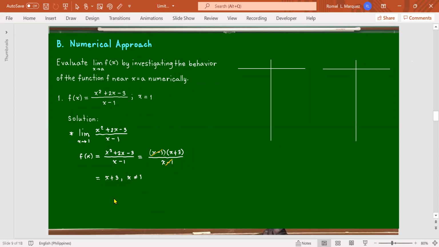Okay? So let's start. We're going to assign values to x first to the left of 1, but close to 1.